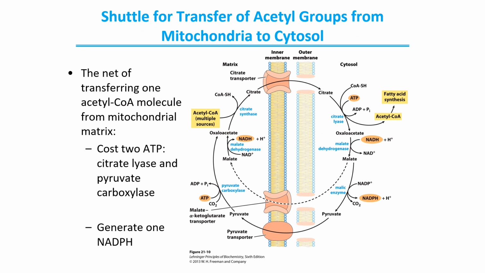So this is how the whole process looks diagrammatically. This is the shuttle for the transfer of acetyl-CoA molecules from mitochondria into the cytoplasm, which we just discussed. Here we have the acetyl-CoA in the mitochondria. Multiple sources are there, and we have to take it to the cytoplasm on the right side.